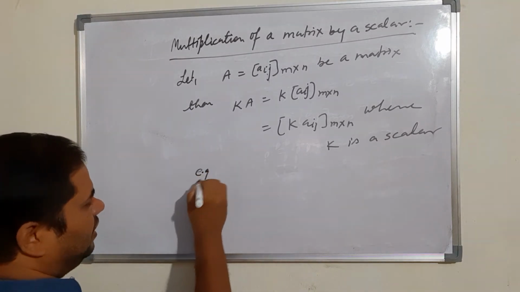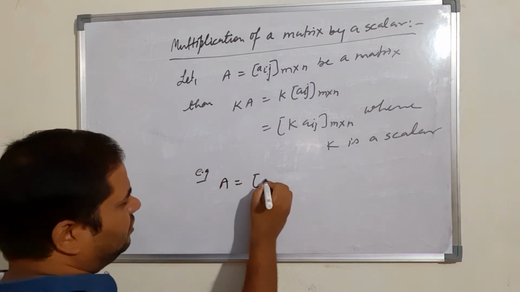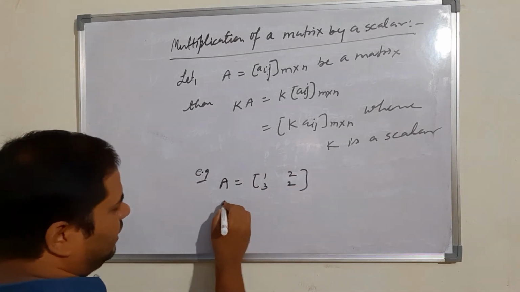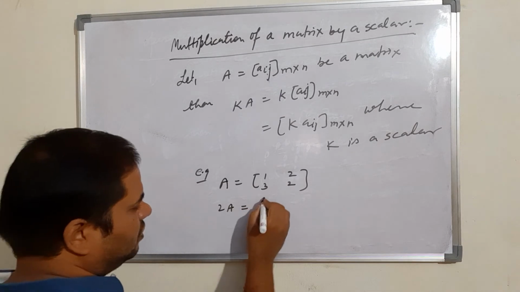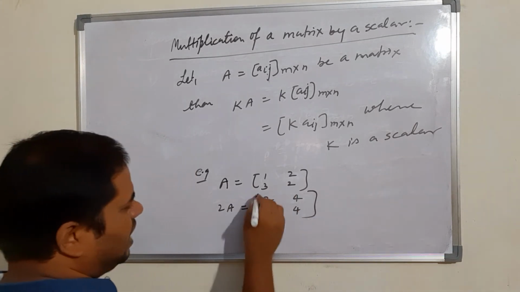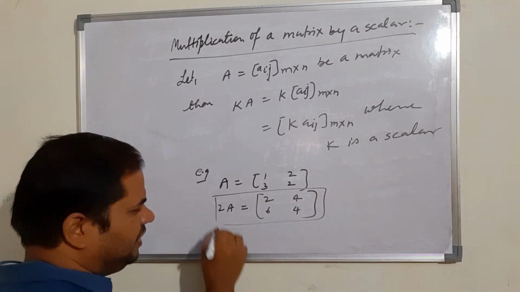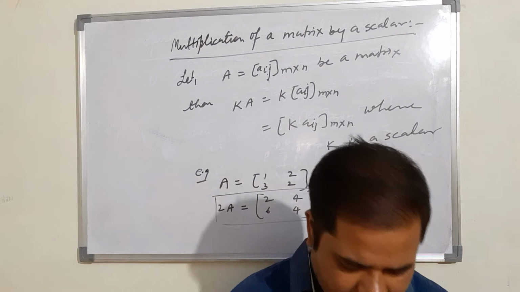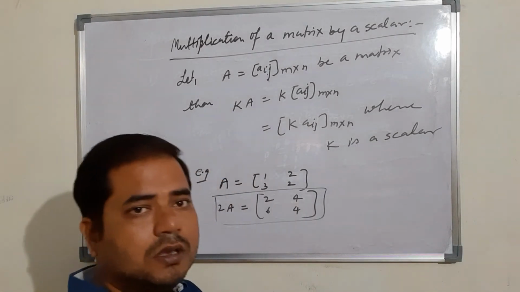For example, if A is equal to 1 2 3 2, then 2A is equal to 2 4 6 4. You multiply each and every element of the matrix by scalar 2, then we get 2A. Okay, so next one.